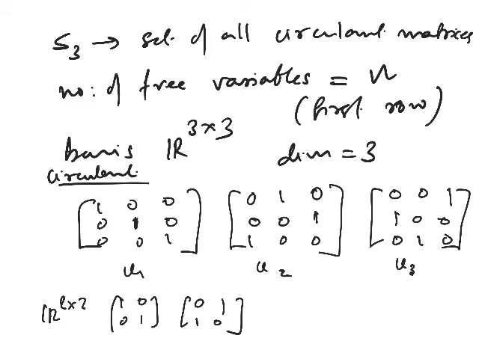So let us look at this particular R2 cross 2 case. What is the dimension of the ambient space? Ambient space means I have one vector space whose subspaces I am looking at.